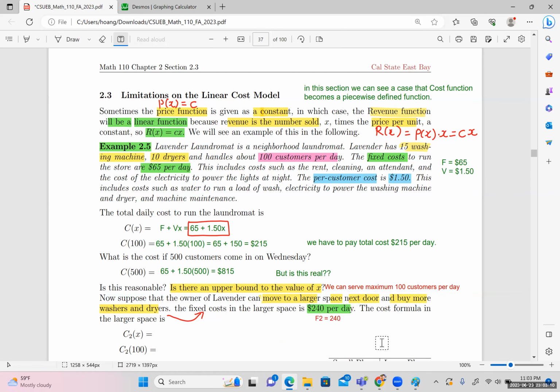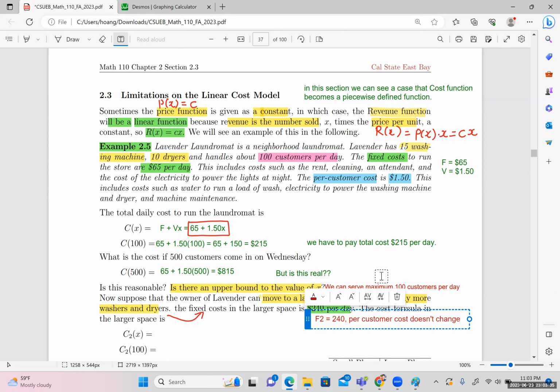But what about the variable cost? The per customer cost, does that change? Think about it: the per customer cost doesn't change, right?